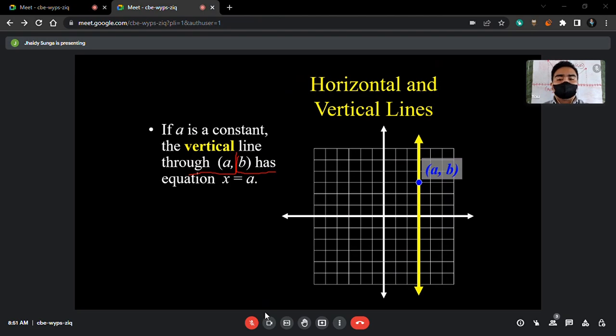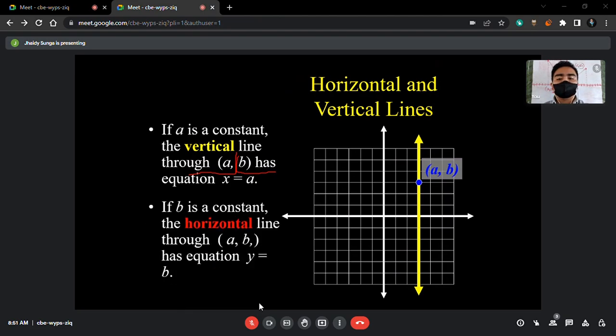Okay? Alright, so if you have b, if b is a constant, the horizontal line through a and b has the equation y is equal to b. That's it, for horizontal. Why is it like that?